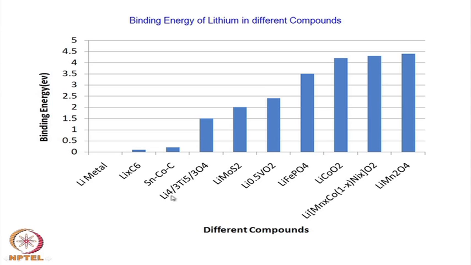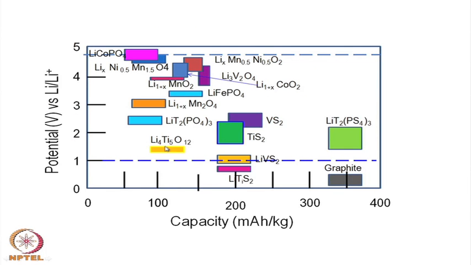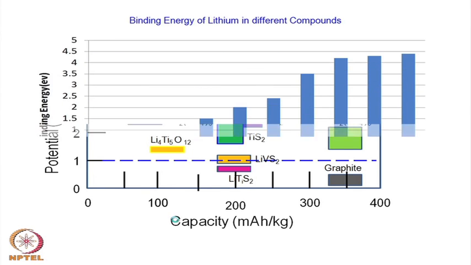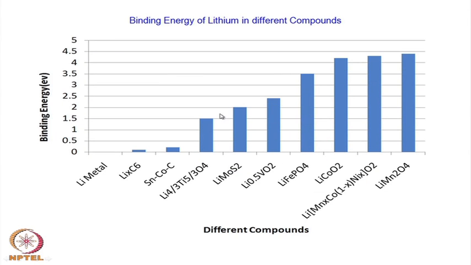In fact, it is actually lithium 4/3, titanium 5/3, oxygen 4. If you multiply by 3, it will be lithium 4, titanium 5 and oxygen 12, which was shown in the earlier picture. It is the same thing. This is fairly low, about 1.5 volts, whereas this is fairly high, more than 4 volts, which is comparable to lithium cobalt oxide. So, the binding energies are compared in this manner.